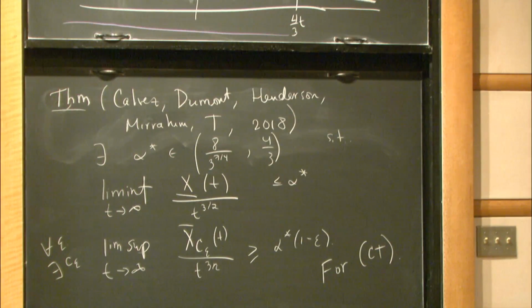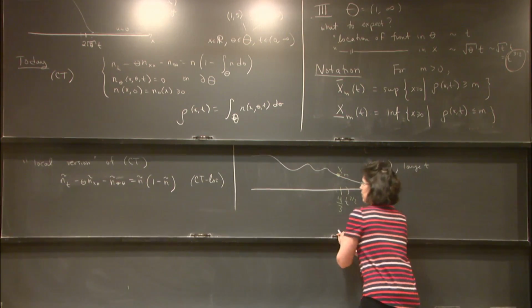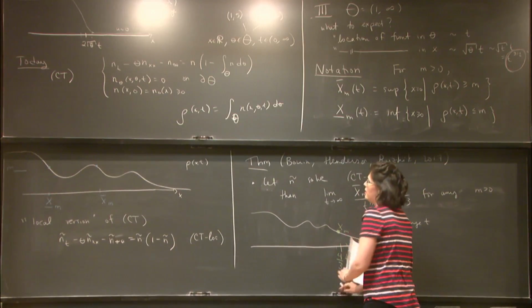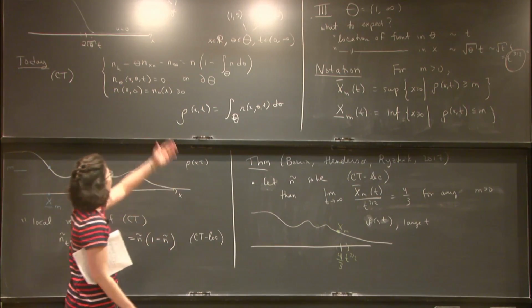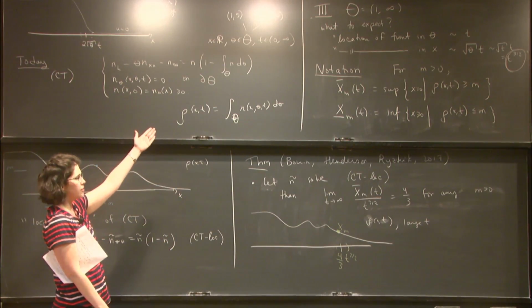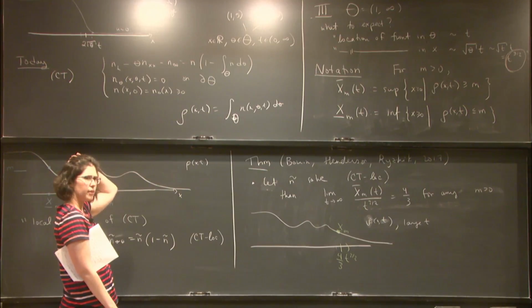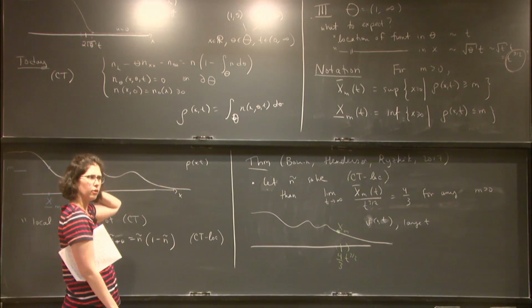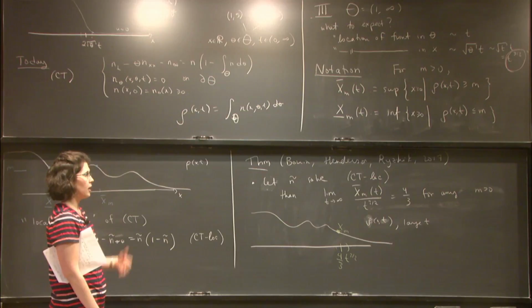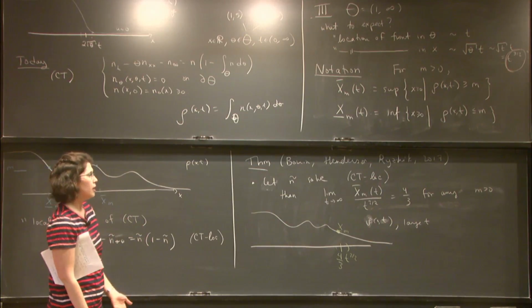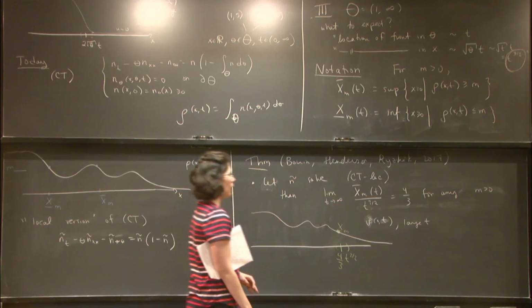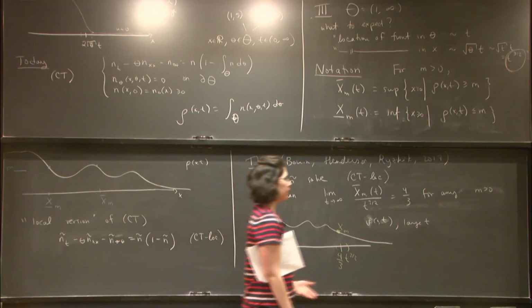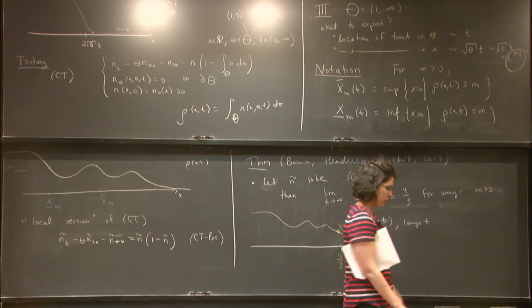So maybe I'll just say in words. So this shows that having this non-local reaction term, it's not just something to make our lives more difficult or more interesting. It actually has a real impact on the problem, because again, the propagation in the local case and in the linear case are different than the propagation in the full non-local problem.